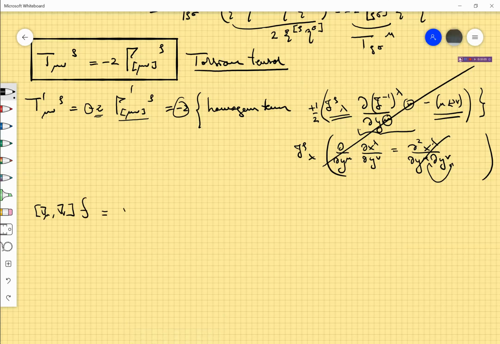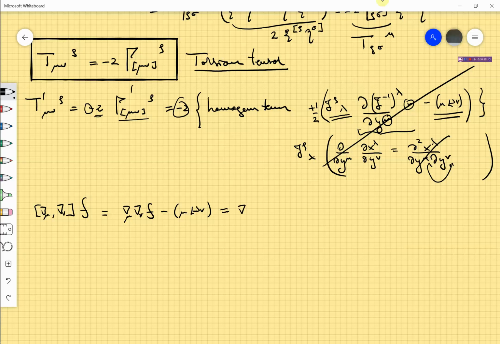So we have to compute this minus another term with mu and nu interchanged. I don't write it, and this is a typical expression that you use many times, just because it is very convenient. We'll see how it works.